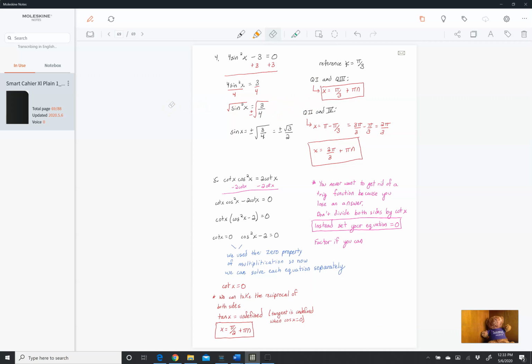So our other equation is cosine squared x minus 2 equals 0. Okay. We add 2 to both sides.